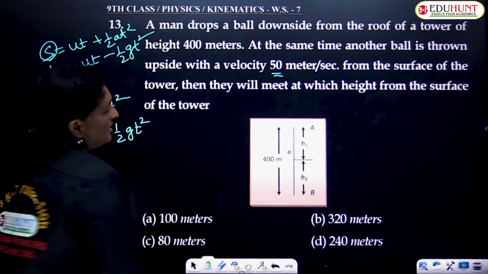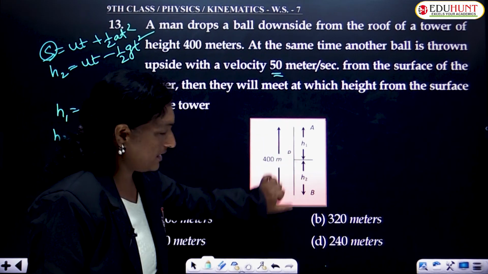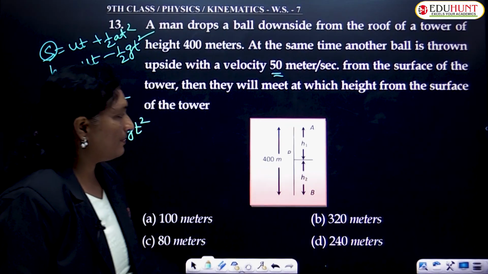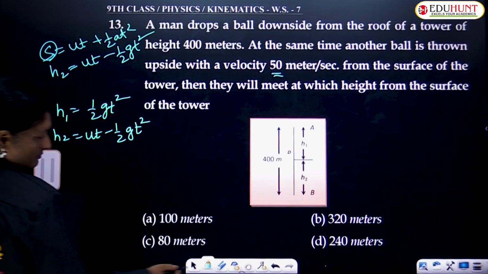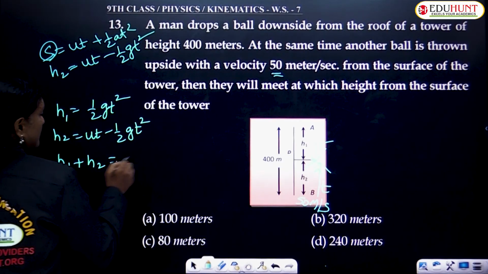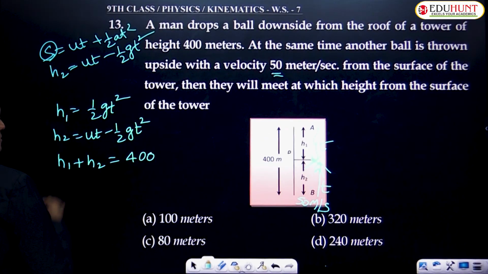If you observe the diagram properly, this length is h1 and this length is h2. The total height h1 plus h2 would be 400 meters. So what is h1 actually?